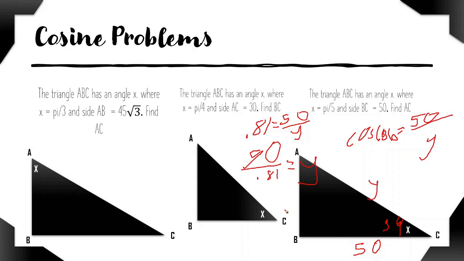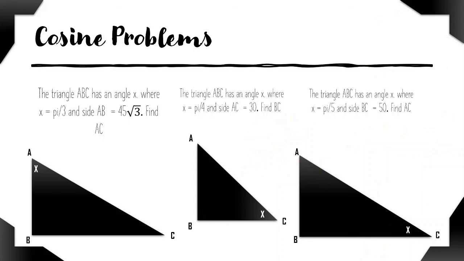And now what is 50 divided by 0.81? So 50 divided by 0.81 is equal to 61.72, or in other words, 62. So therefore, AC is equal to 62. And we finished all of the cosine problems.